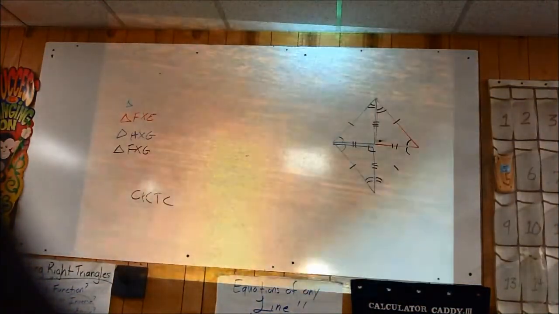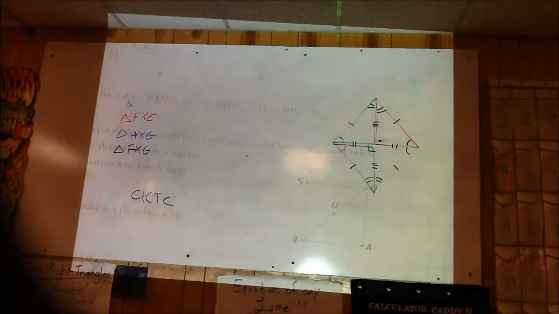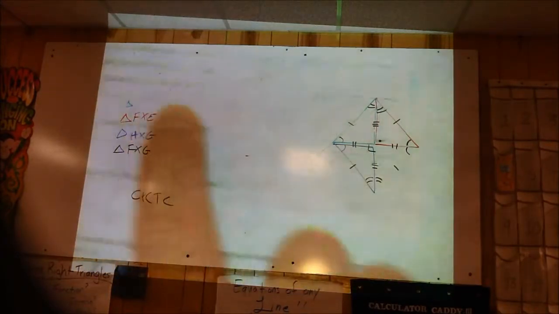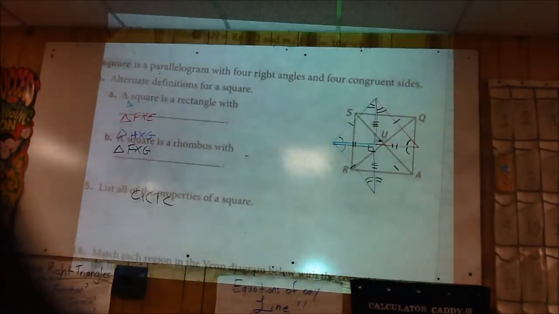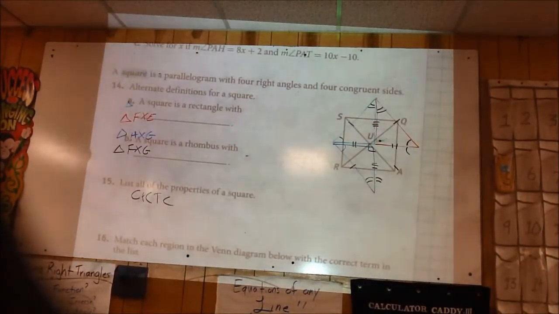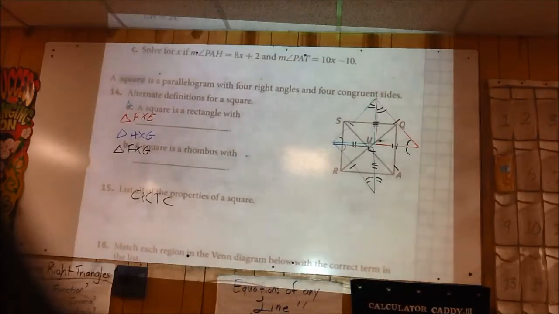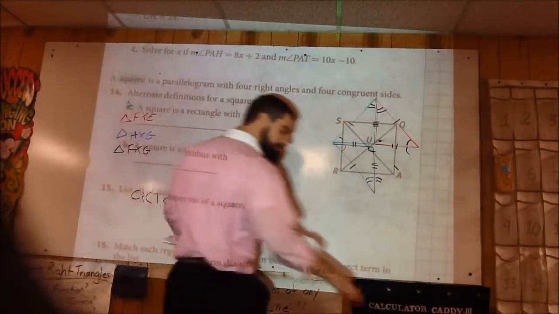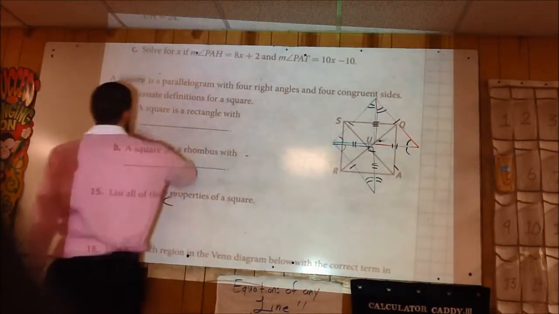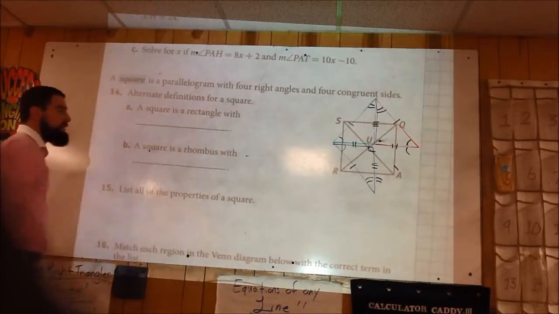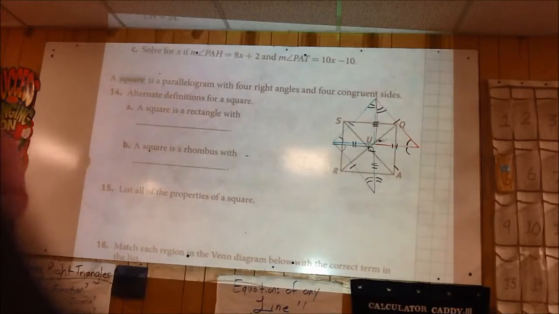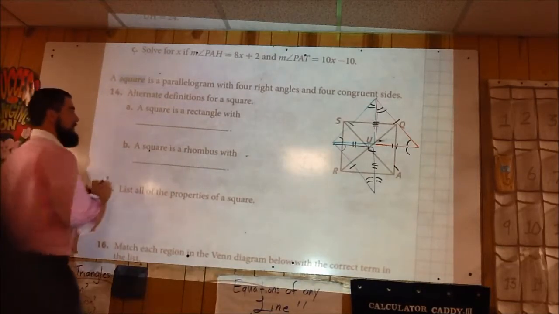And the last shape is a square. So we're going to jump down to item 14 on page 219. It says a square is a parallelogram with 4 right angles and 4 congruent sides. So it's a combination of a rhombus and a rectangle. It says a square is a rectangle with what? 4 congruent sides. Just go ahead and write that.